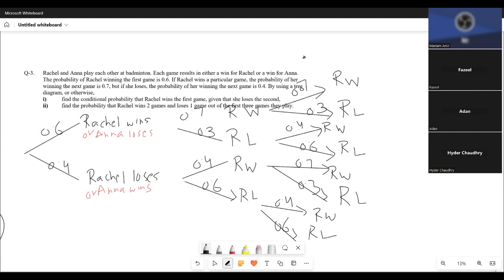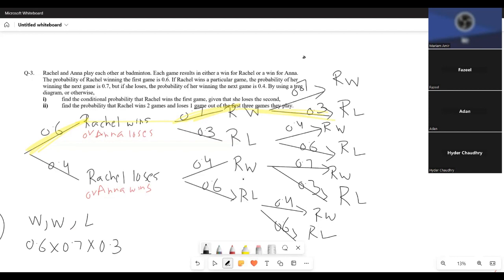So ट्रेस करते हैं ब्रांचेस. 2 विन करनी है तो विन के बाद विन और फिर लूज. एक तो ये केस हो गया विन विन लूज. मैं लिख रही हूँ विन विन लूज और इसकी प्रोबेबिलिटी क्या है 0.6 टाइम्स 0.7 टाइम्स 0.3. ओके. और किस तरह हो रहा है विन विन लूज. यहाँ विन किया फिर लूज किया फिर विन. सो विन लूज विन.